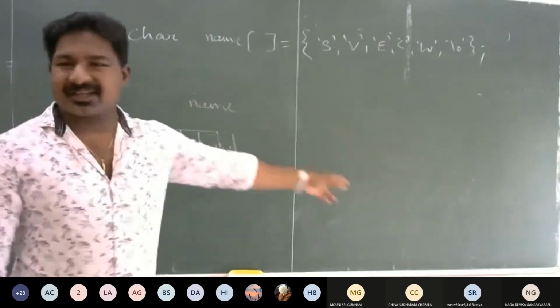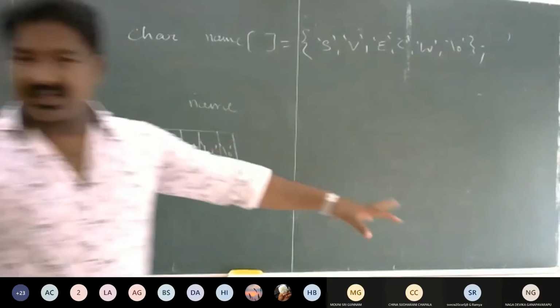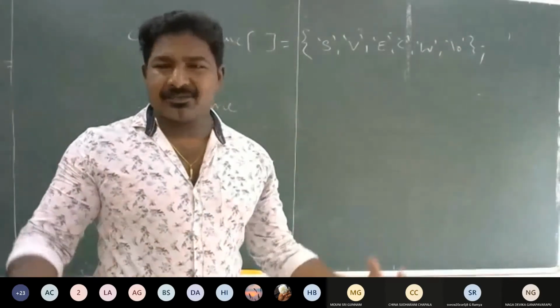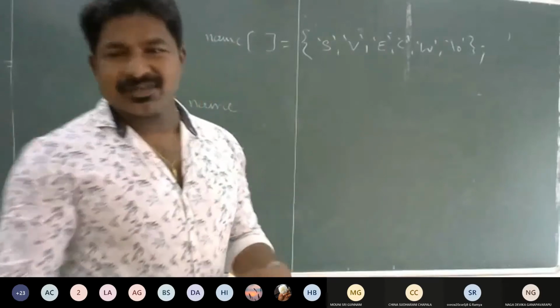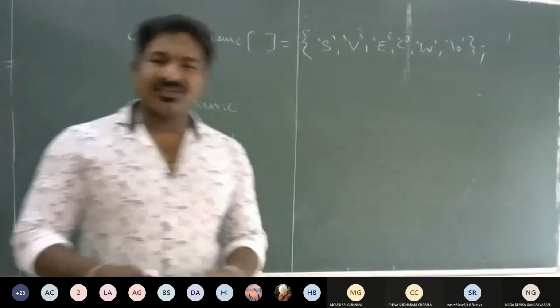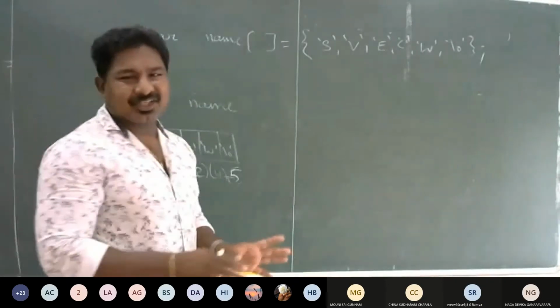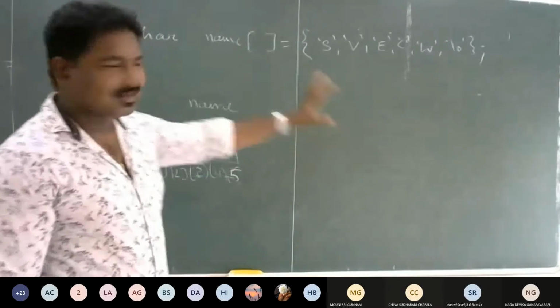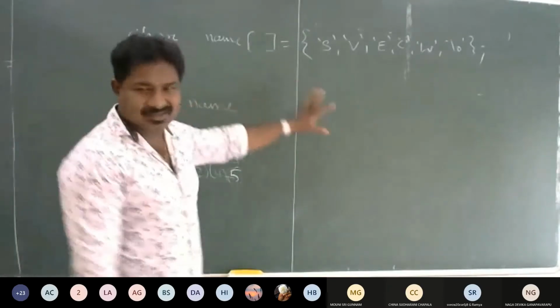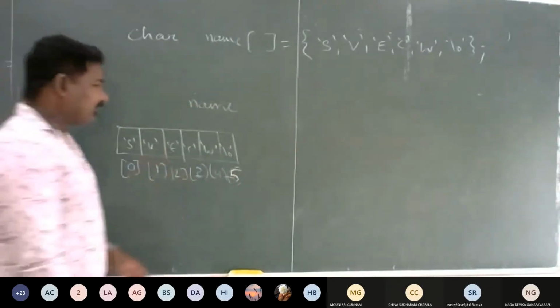If you are not specifying the size, it assumes the number of elements you have given in the set, and that is the size of the array. We assigned 6 characters, so the size of my array will be 6. This is one facility.